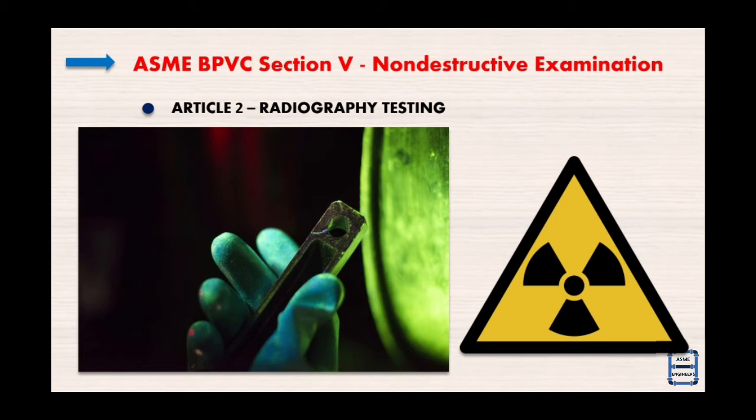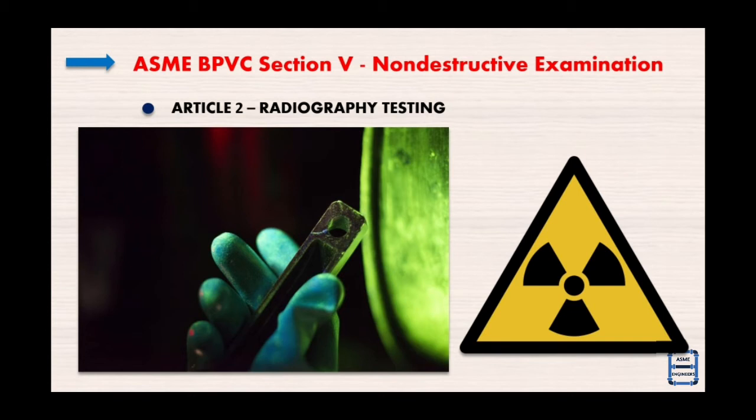Non-destructive examination, or NDE, is performed on various components for evaluation and inspection to find any flaw, defect or discontinuity present inside the material. This non-destructive examination can be performed by various methods. These methods are categorized into various articles, like Article 2.